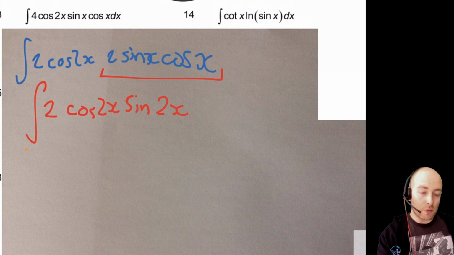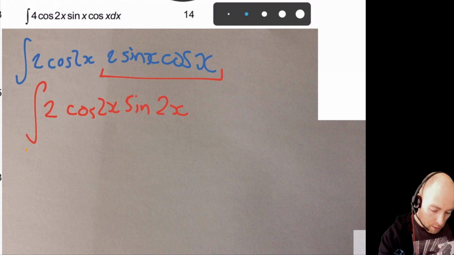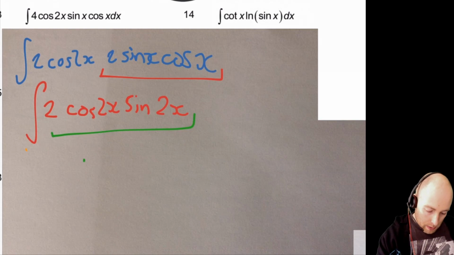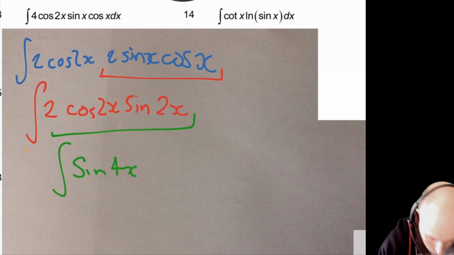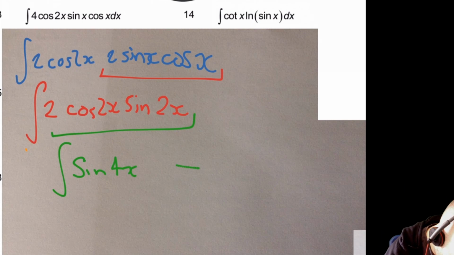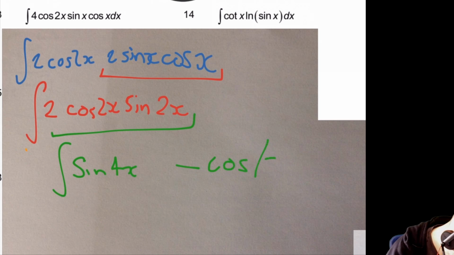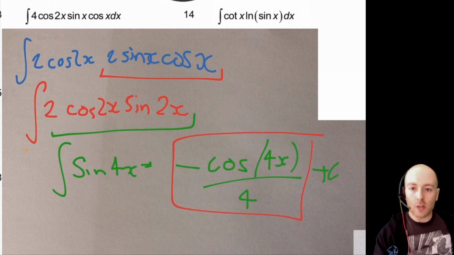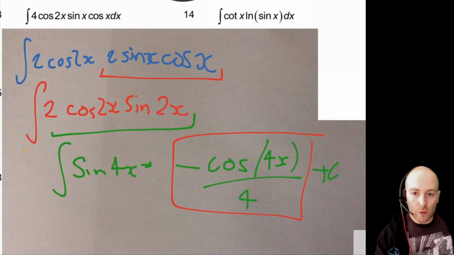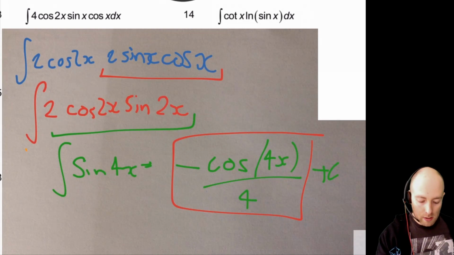And we can use the double angle formula again, realizing all of this is sine 4x. So we're actually doing the integral of sine 4x. When we integrate that, sine's going to integrate to minus cos. Angle stays the same, and then we need to divide by 4 plus c. That's what we get, minus cos of 4x over 4 plus c.